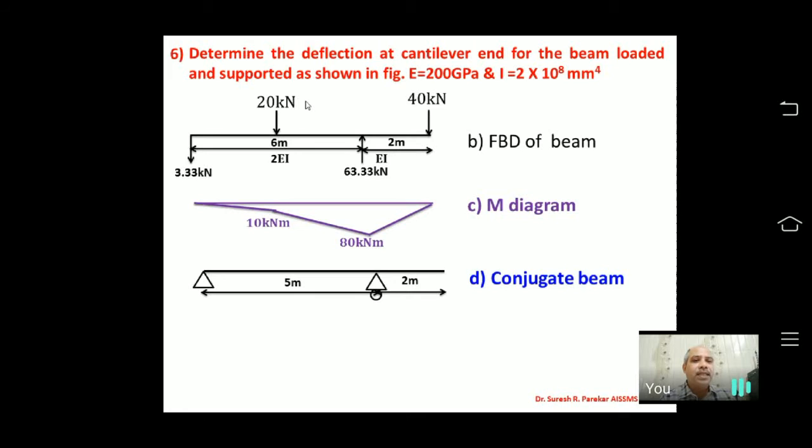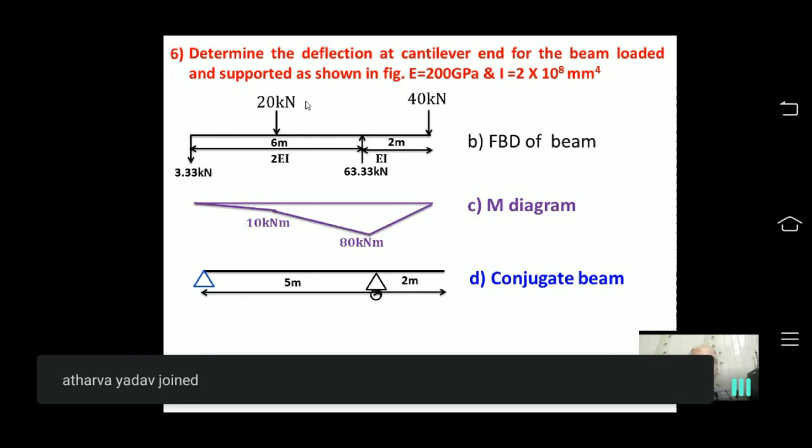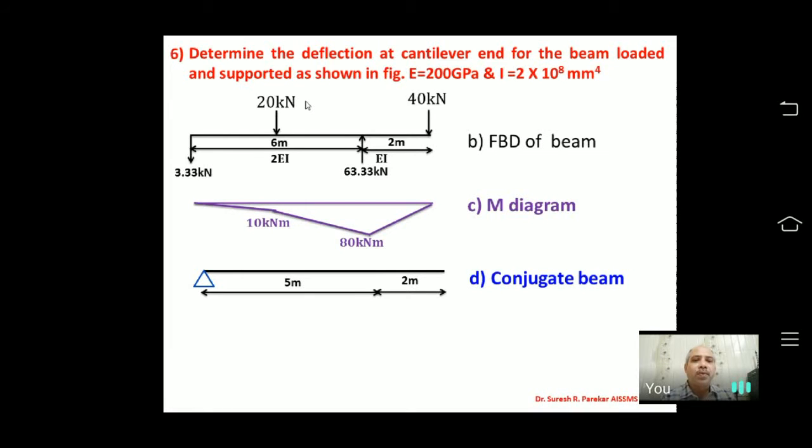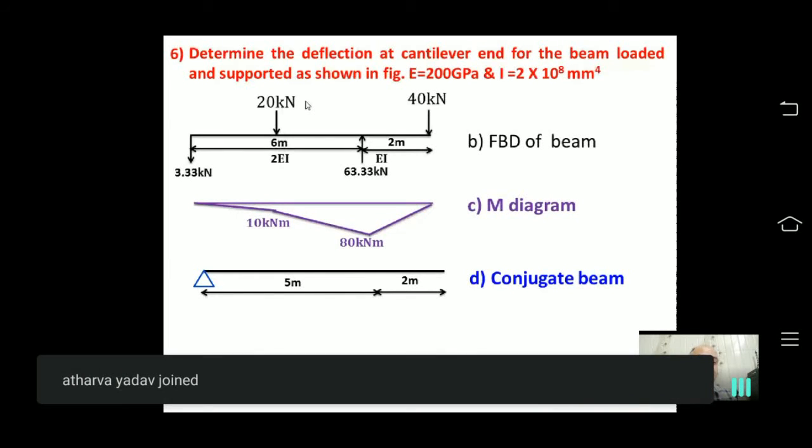Now our beam is in this fashion. If I remove the simple support, what will it be in the conjugate beam? Again a simple support, because it is at the end. Now if I remove the roller support, is it a roller end? No, this is a roller in between, so this becomes a continuous support.